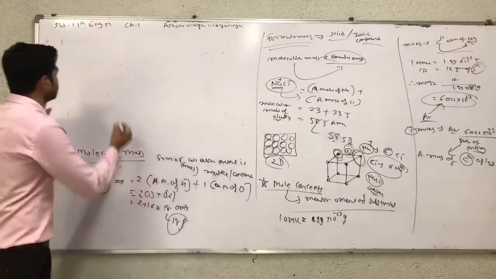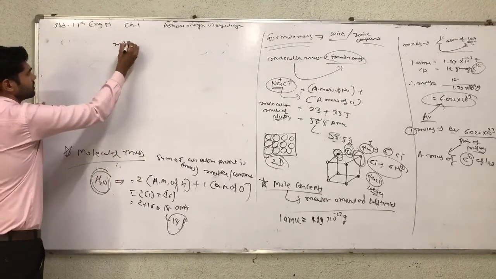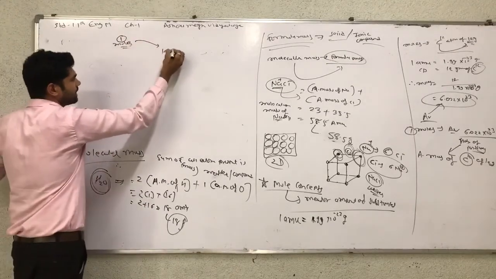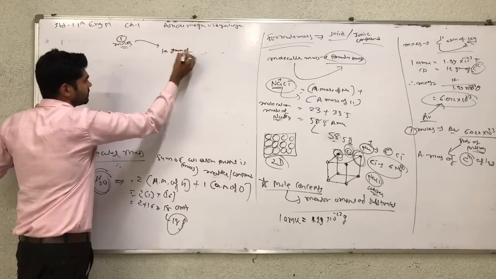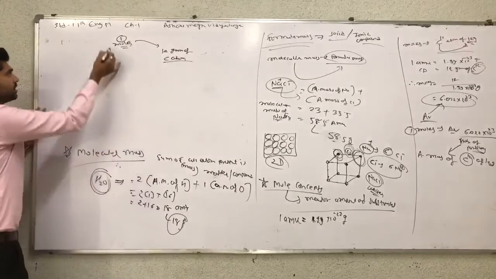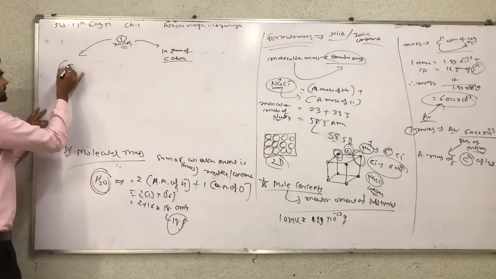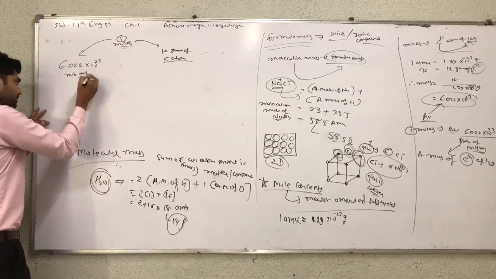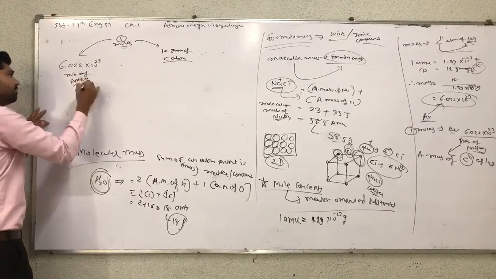First, mole. 1 mole means 12 grams of carbon atoms, which is also known as how many particles? 6.022 into 10 raised to 23 particles.